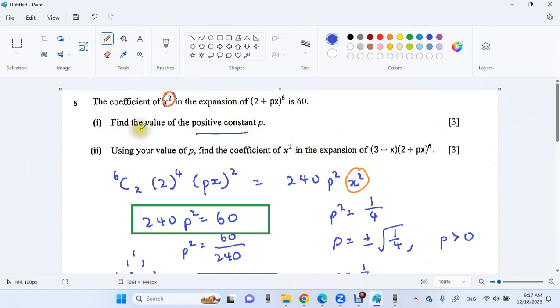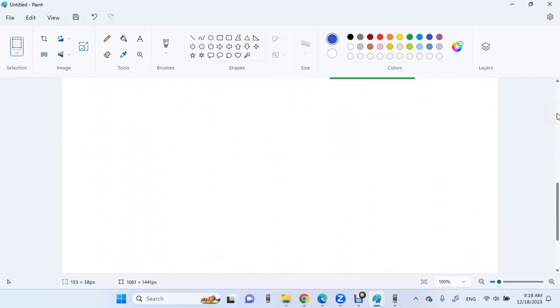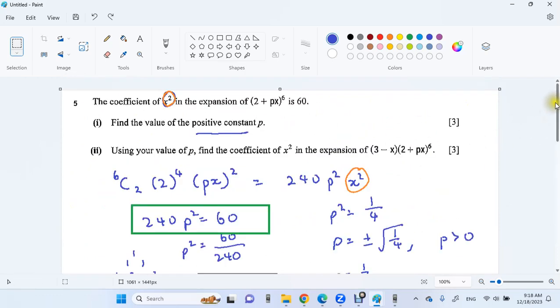So for part 2, they want us to use the value of p. Find the coefficient of x squared in the expansion of (3 - x)(2 + px)^6. So they want the coefficient of x squared, which is different from the coefficient of x squared in the previous question.